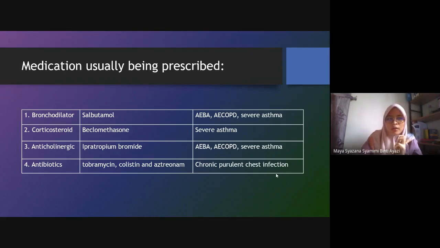This usually being used at home because corticosteroid is for a long-term or preventive way for severe asthma. We also have anticholinergic such as ipratropium bromide, also use the same indication for bronchodilator. We also have antibiotics such as streptomycin, colistin, and aztreonam for chronic purulent chest infection.